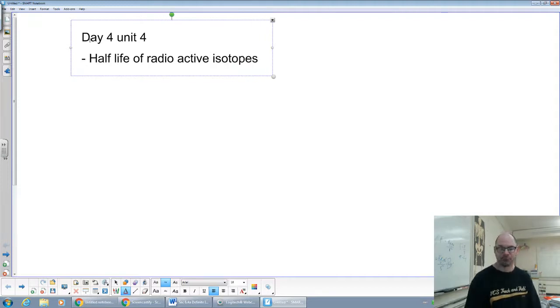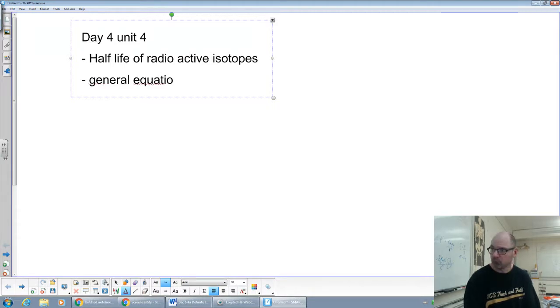In terms of what we're going to be looking at, we're going to be looking at the general equation of that, and how to do exponential equations if you haven't done it before.